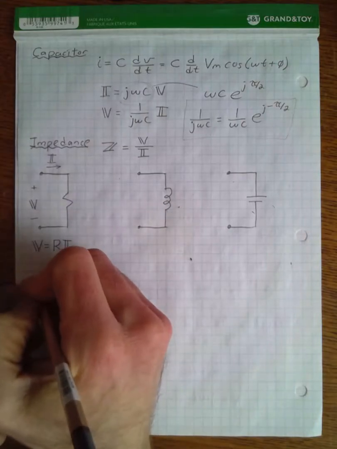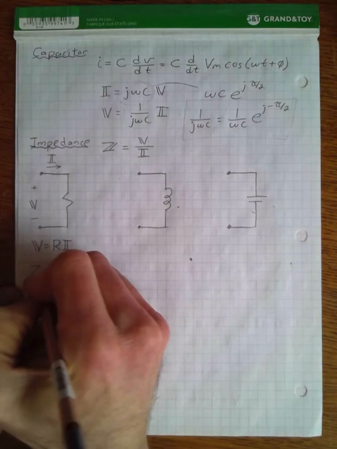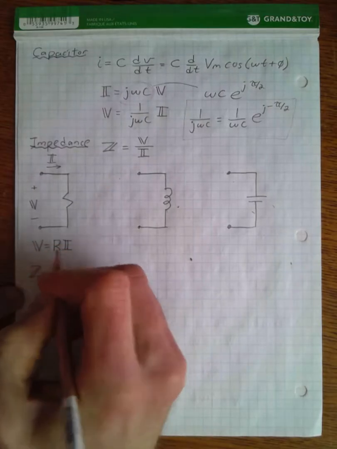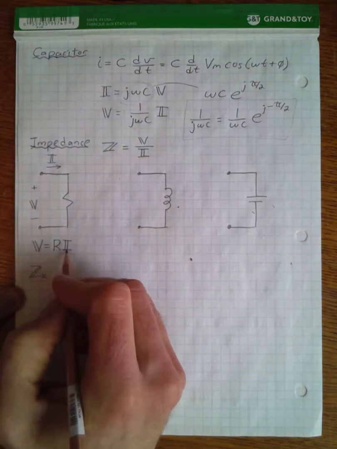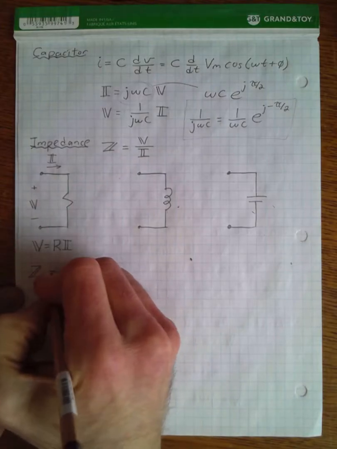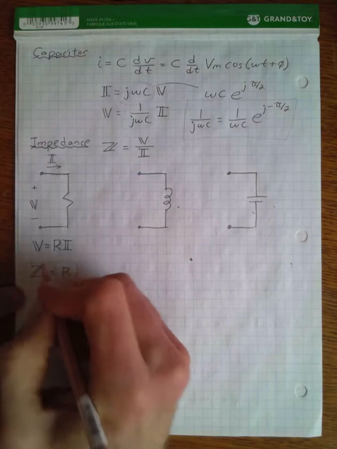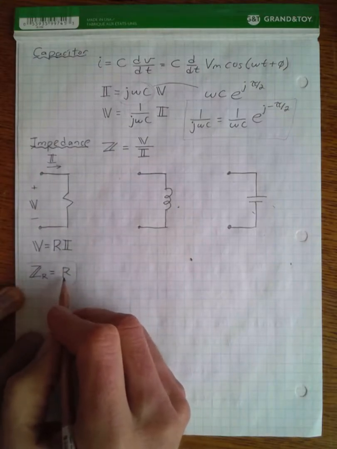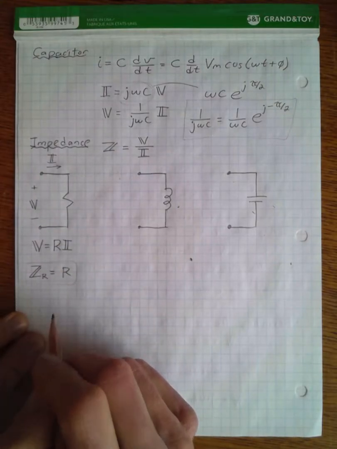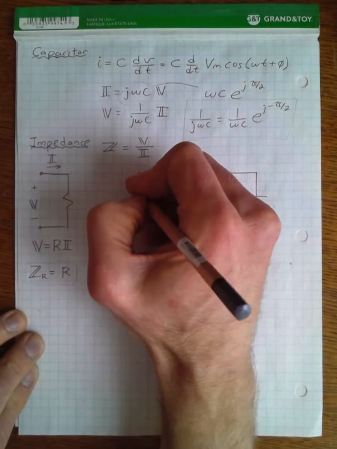And so the impedance of a resistance, if we just take V divided by I, is just equal to R. So the complex impedance of a resistor actually isn't complex, it's just the real number R. We can do the same thing for the inductor.